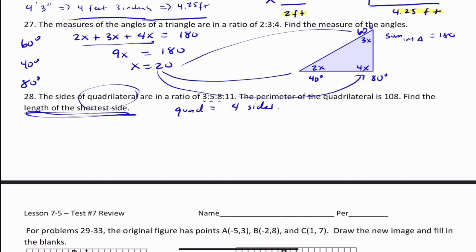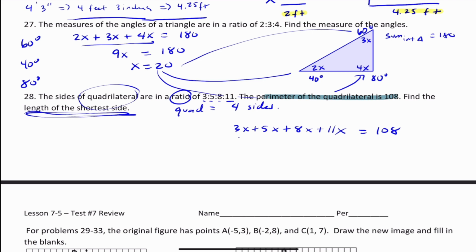So we're dealing with 4 sides. They're in the ratio form. So I'm going to do 3x plus 5x plus 8x plus 11x equals, well, the perimeter here is 108.